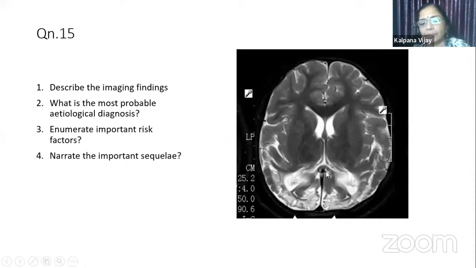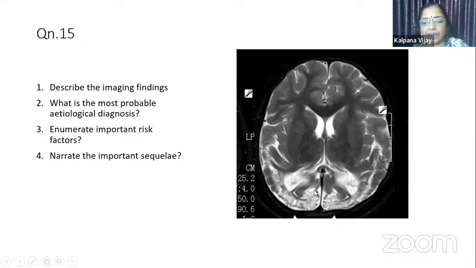One person has written encephalomalacia, but at what parts? This is not HSV. This is a newborn. It's not a newborn, a child who has suffered from some perinatal problems. So this is actually a hypoglycemic sequela.